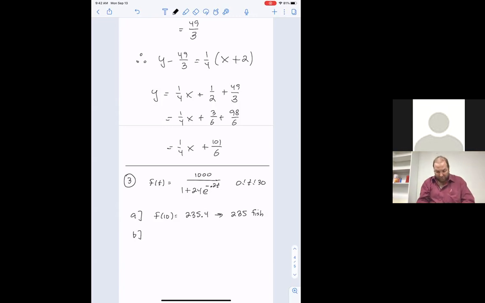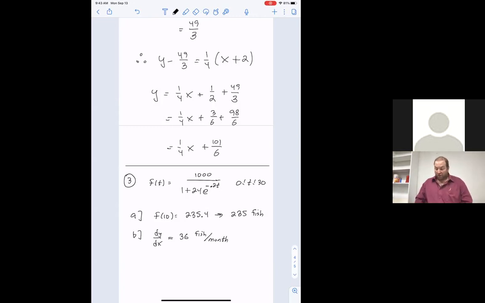Now, x equals 10 and y equals 235. I'm going to hit second calculate and ask it to compute dy over dx. And I get that dy over dx is approximately 36. And it's going to be fish per month, because it's a rate of change.